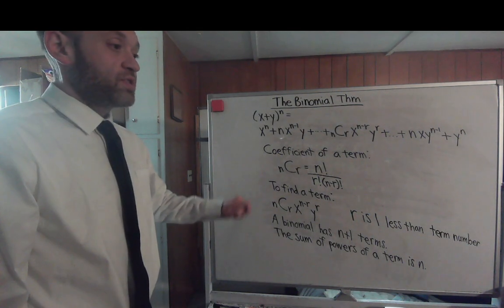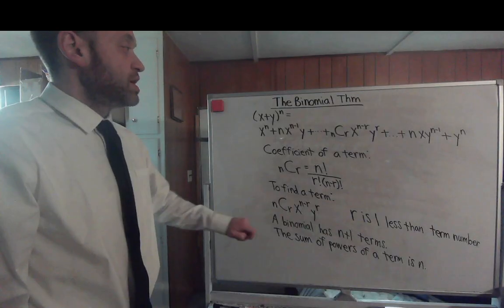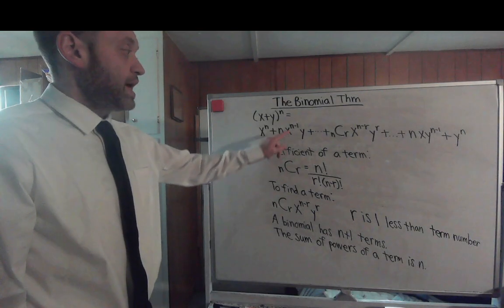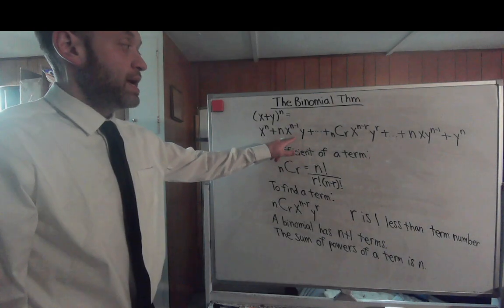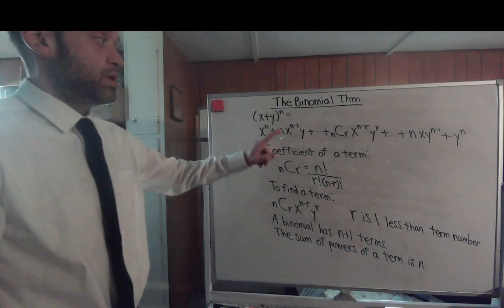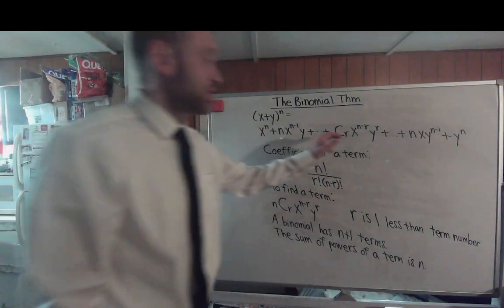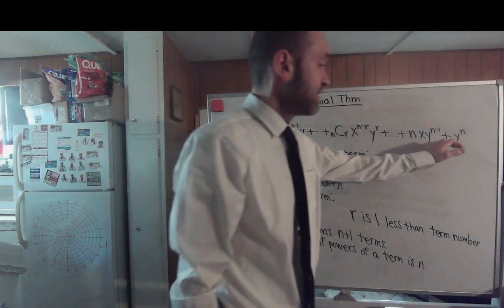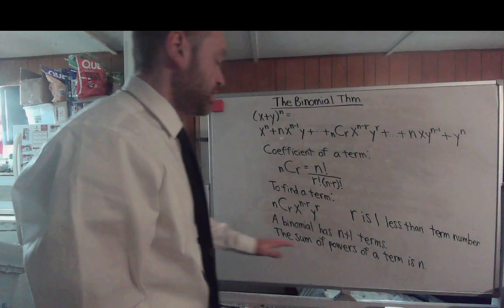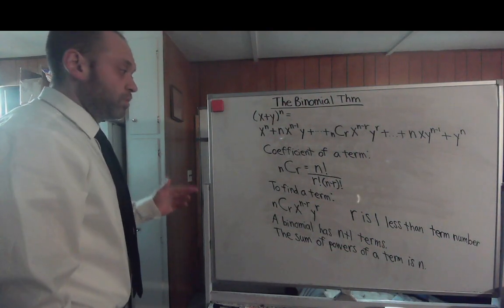What you'll do for your subsequent terms is lower your x degree by 1 and raise your y degree by 1. And you'll continue this pattern until you get to x to the 0th, y to the n. That's how that works.